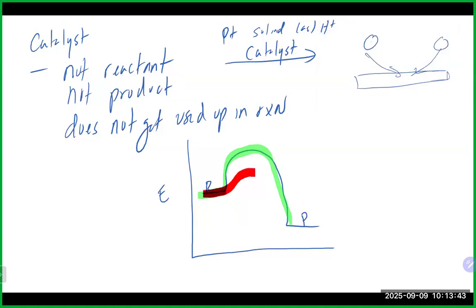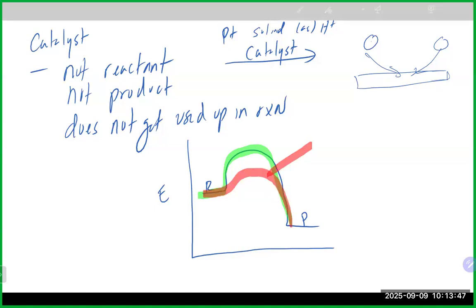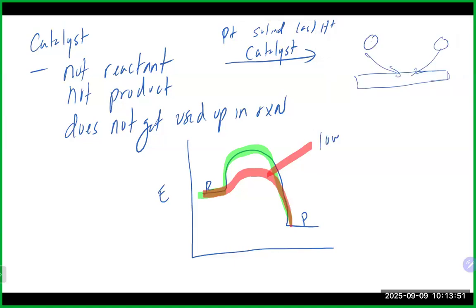So maybe it only has to come up that high in a catalyzed reaction. It lowers the activation energy, and that allows a greater amount of reactive molecules to get to the other side. The end result is that you should see the rate of your reaction increasing. Questions on that?